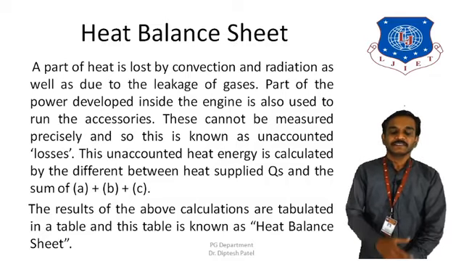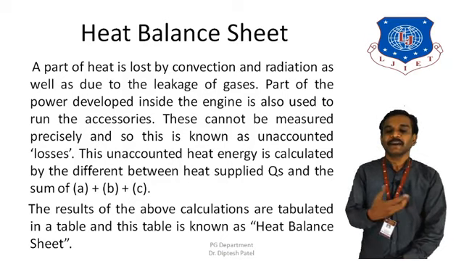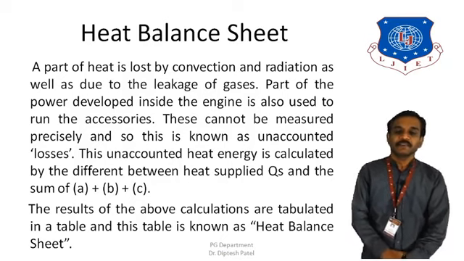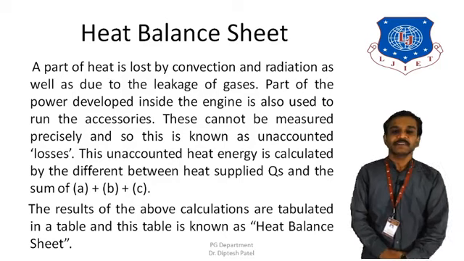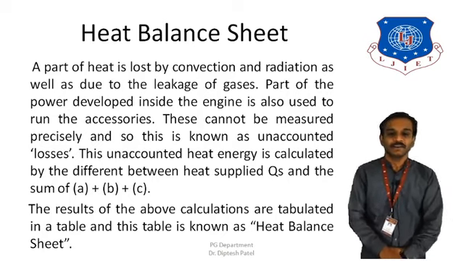Let's say we calculate the heat supplied QS by calculating MF into CV, and take it as 100%, then we can subtract the summation of A plus B plus C out of 100, and we get the unaccounted losses.